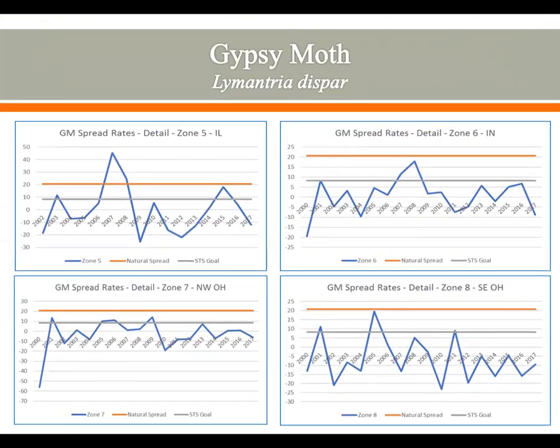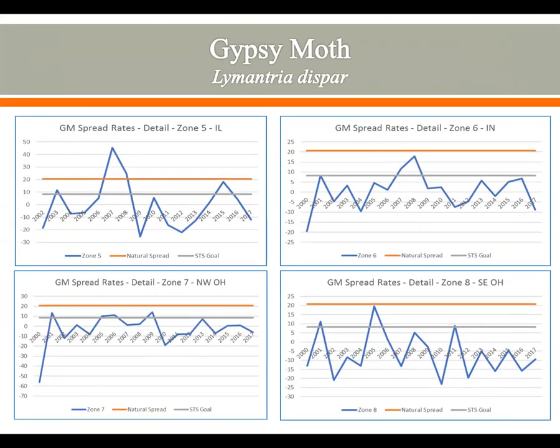In the central region, we have the states of Illinois, Ohio, and Indiana, and we've done very well in this region. In fact, we've met the goals pretty well.